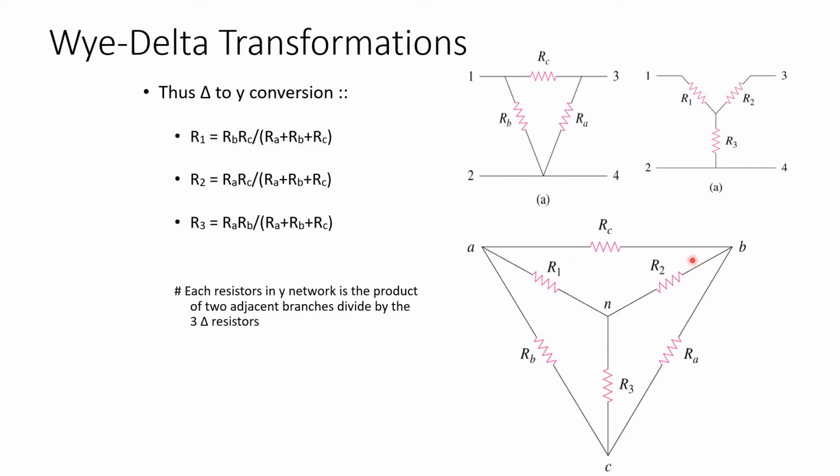Now the value of R2 is equal to the product of RC and RA divided by the sum of the resistances of the delta network. Similarly, the value of R3 is equal to the product of RA and RB divided by the sum of the resistances of the delta network, which is RA plus RB plus RC.